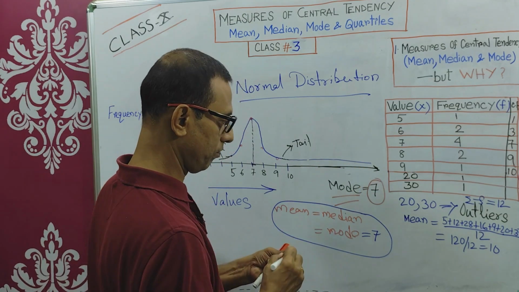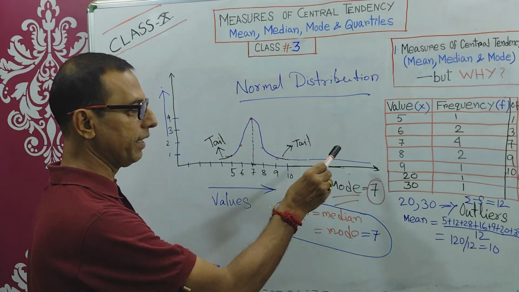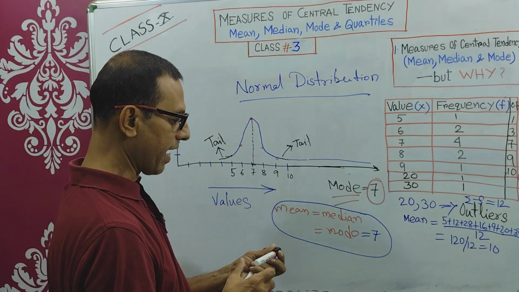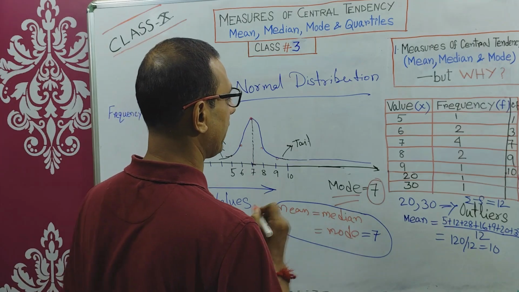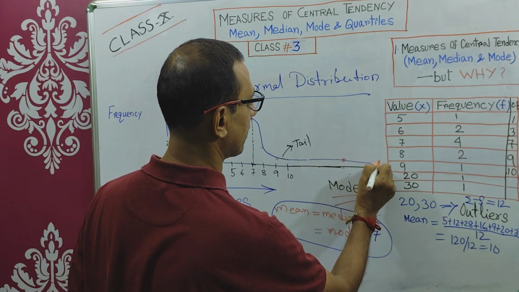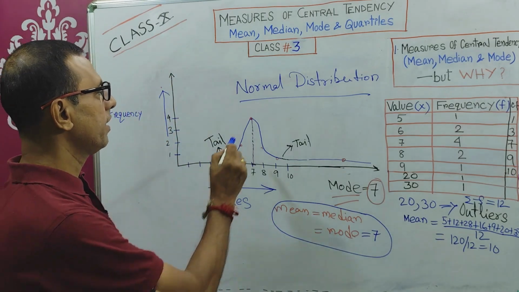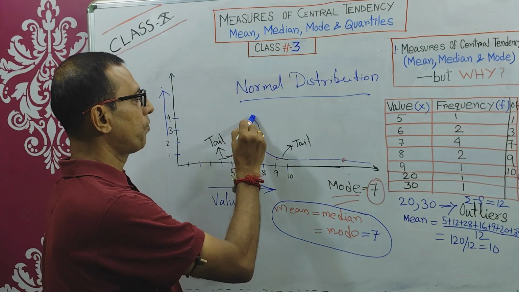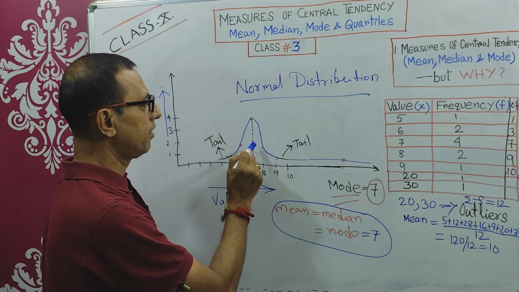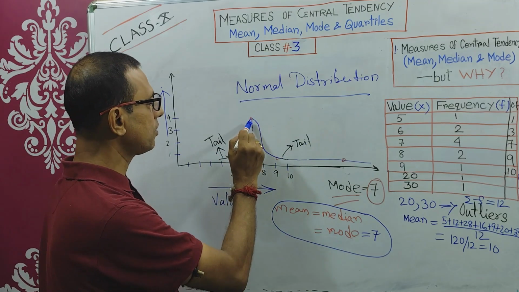Assume I am not plotting it exactly on the graph, but assume they are far away like this, two points, right? So you can see that from this median, the right side and left side are no longer symmetric.